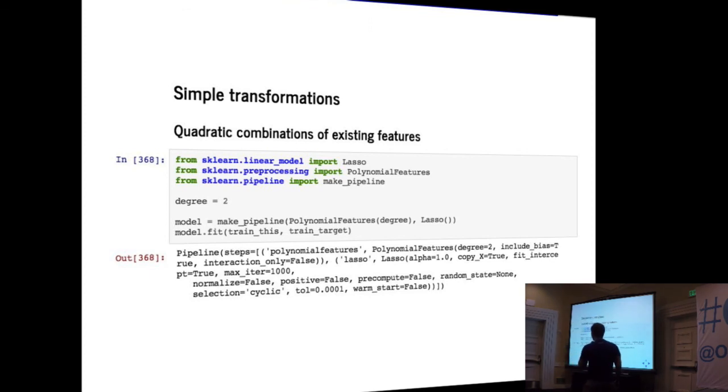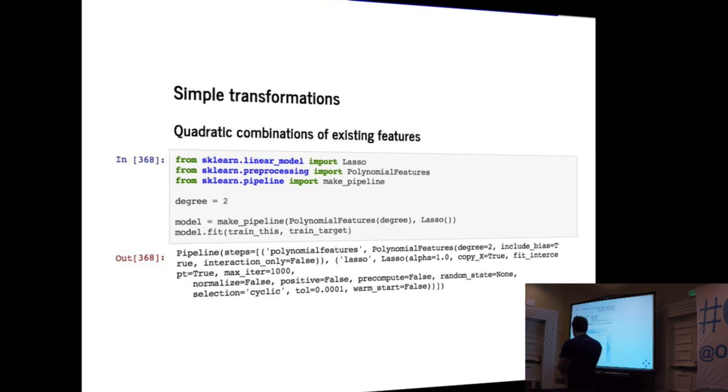Scikit-learn makes that super easy. You have this thing called a pipeline, and what a pipeline does is it says, okay, I want to first do polynomial features, in this case of second degree, i.e. x squared, and then I want to take those features and feed that into a lasso, which is a form of a linear model. Elastic net is a combination between lasso and ridge, and the lasso is just one particular end of that.